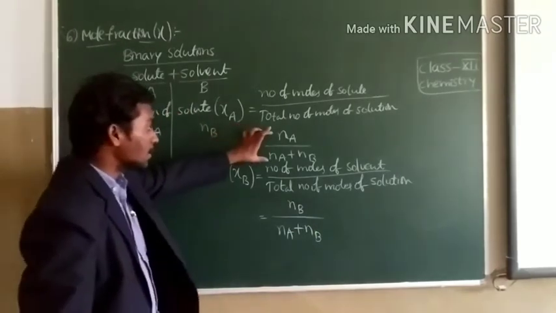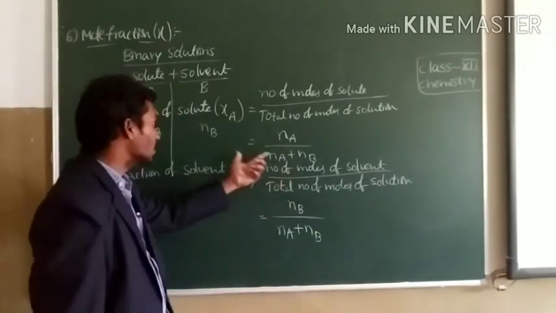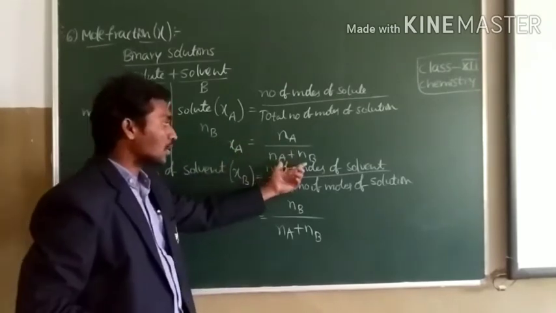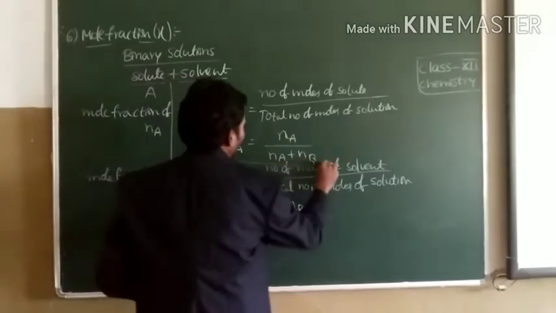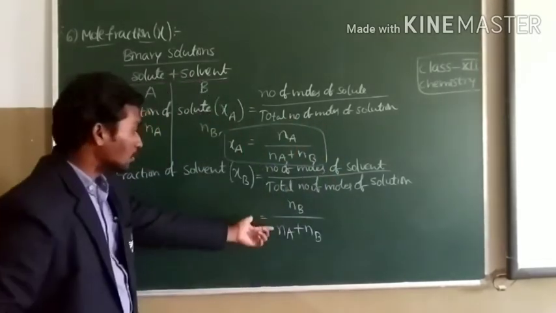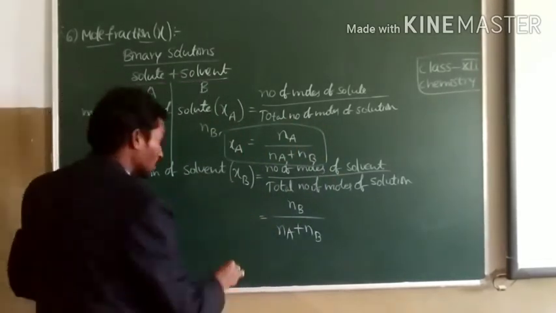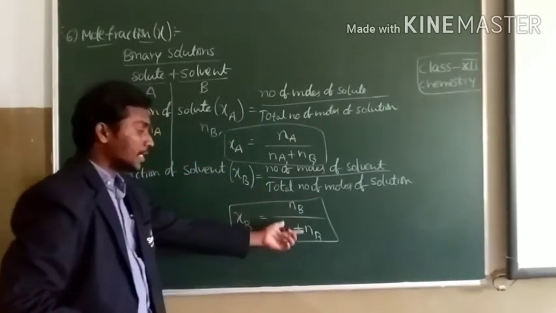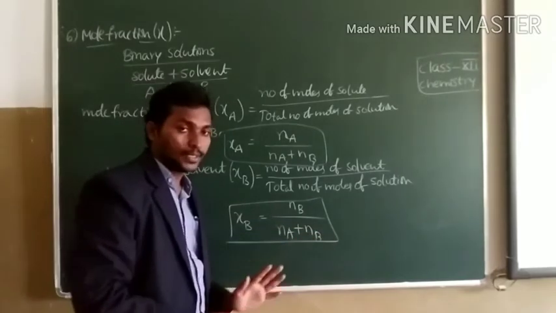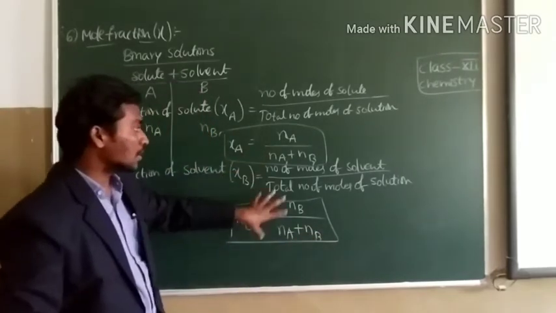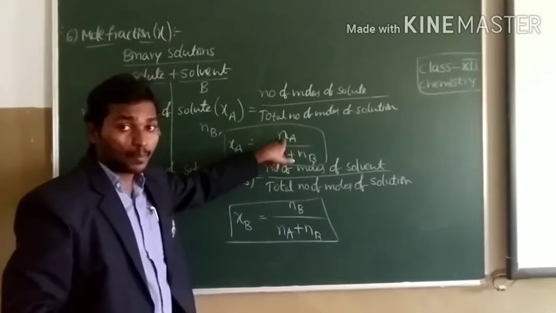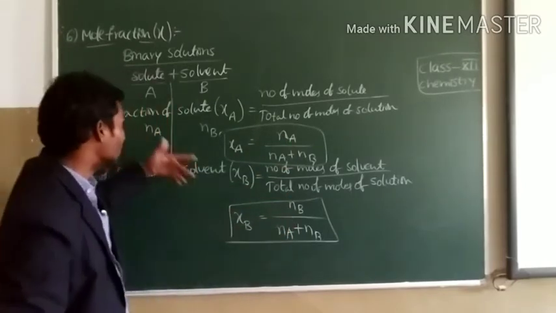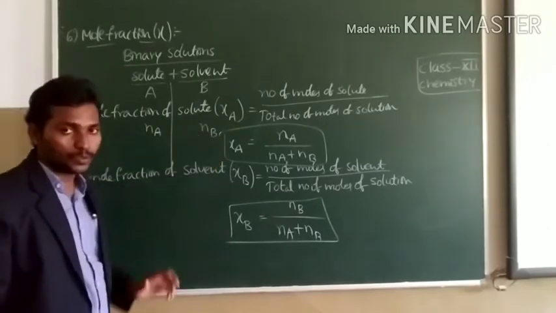Okay, here Na by Na plus Nb is chi A. Chi A means mole fraction of solute, and mole fraction of solvent, that is chi B. Chi B is equal to Nb by Na plus Nb. Remember children, here Na means number of moles of solute, Nb means number of moles of solvent. How can we calculate number of moles of solute and number of moles of solvent?